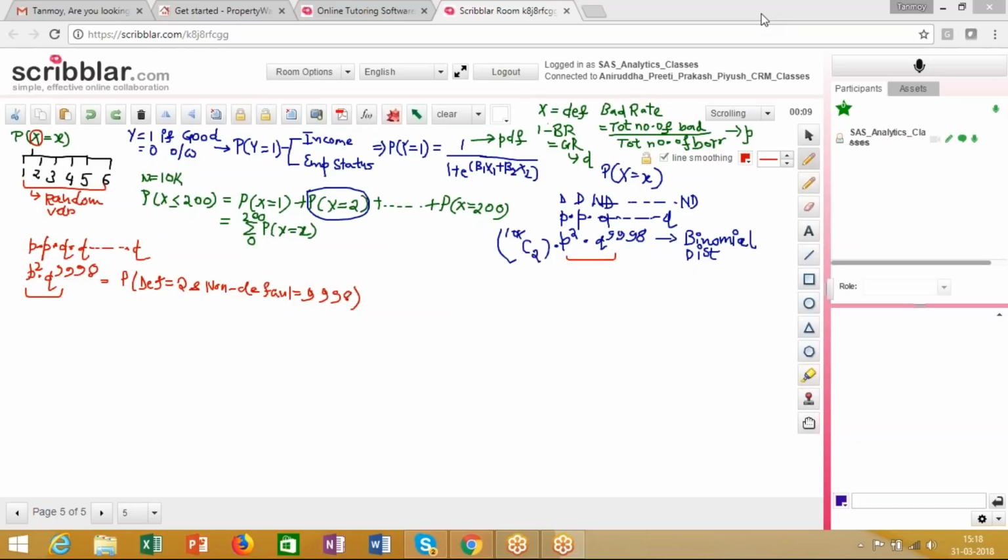So this is precisely what the binomial distribution is. Now, this binomial probability distribution will be playing a very critical role throughout this domain of credit risk modeling.